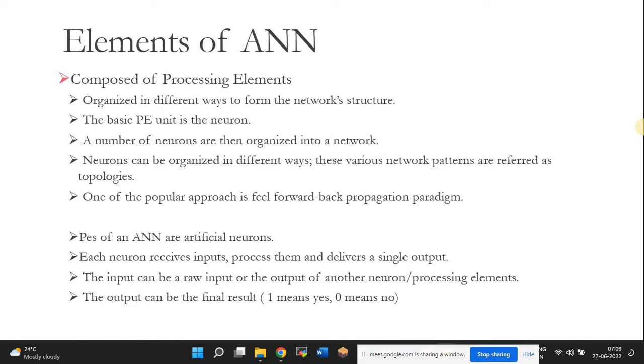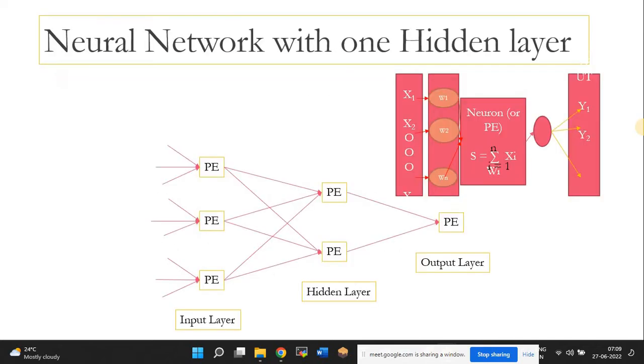So the output can be the final result, 1 being yes, 0 being no, if it is a binary output, but depending upon what kind of classification you are doing, the final layer of neurons can be set up properly.